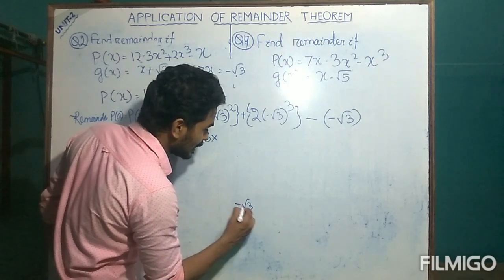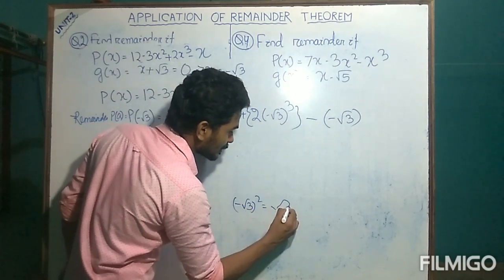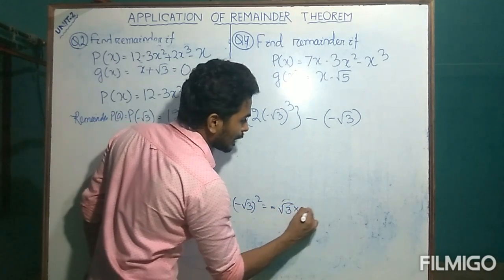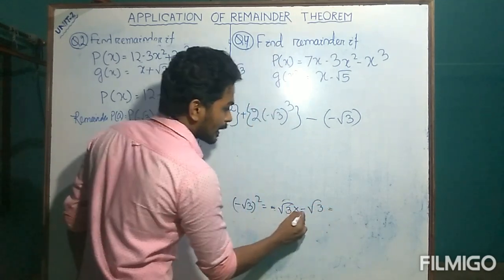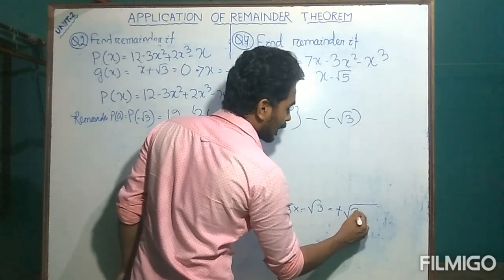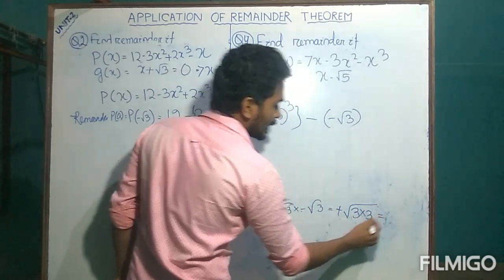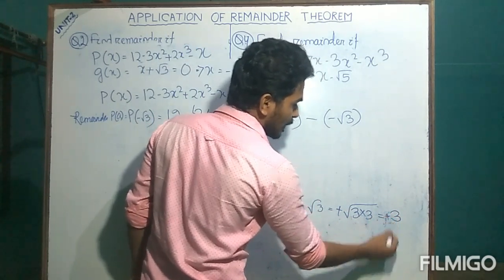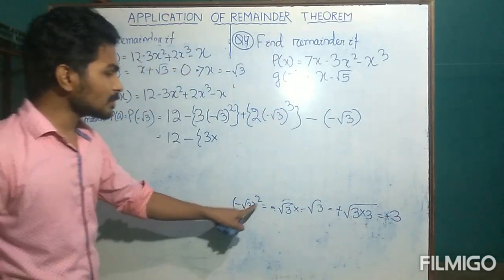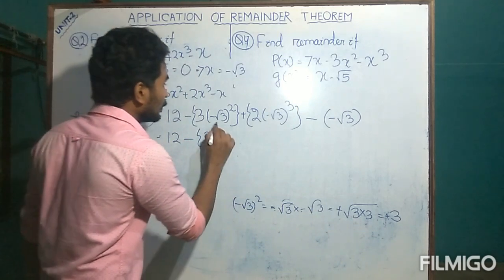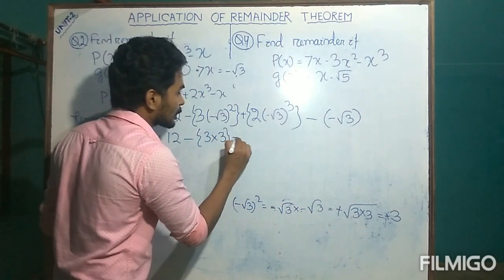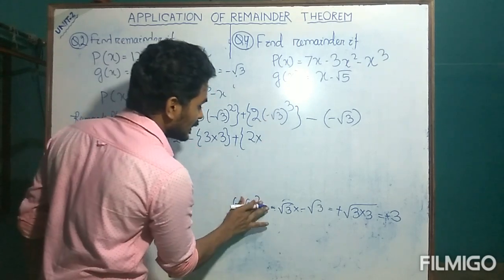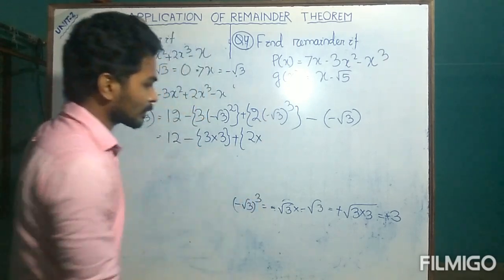Minus root 3 square means minus root 3 into minus root 3, minus minus plus, whole square root 3 into 3, and for 3 into 3 we will write a single 3, or plus 3. So minus root 3 square is 3, so we can put it as 3 here, plus 2 whole into minus root 3 cube here.